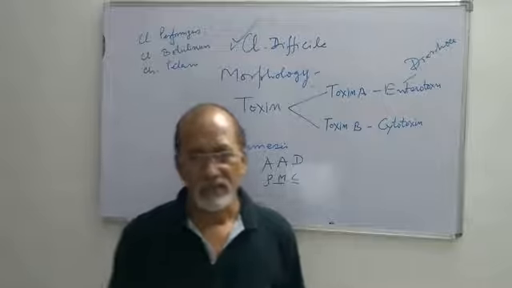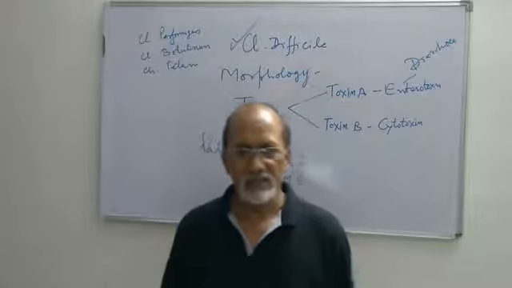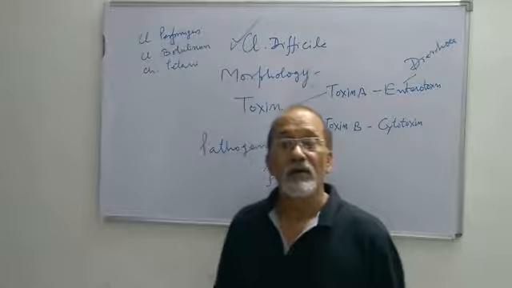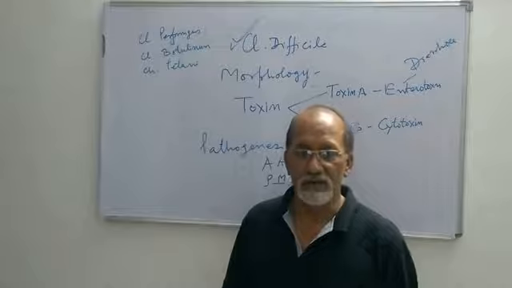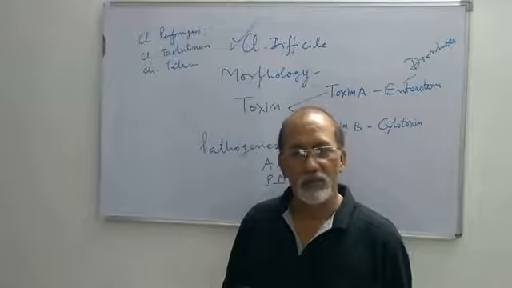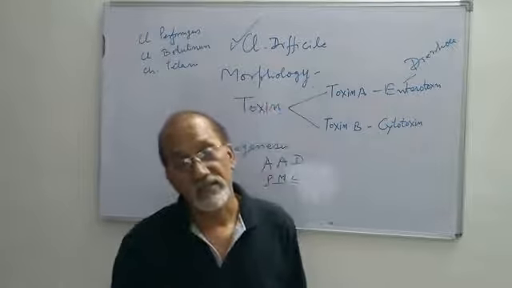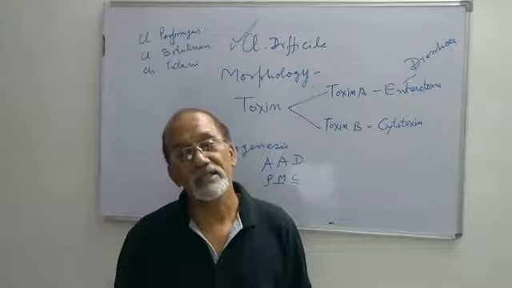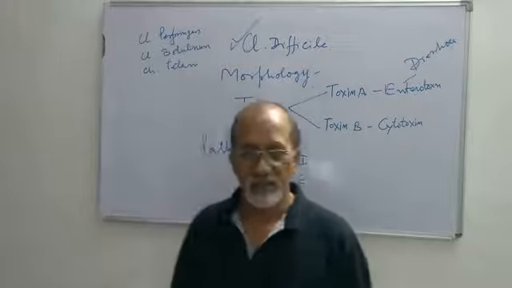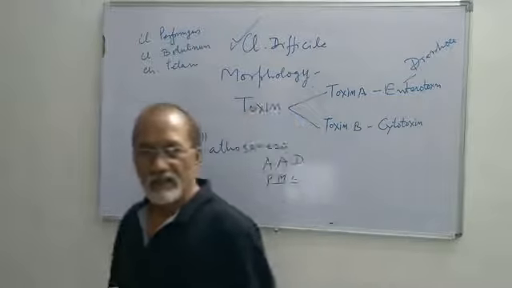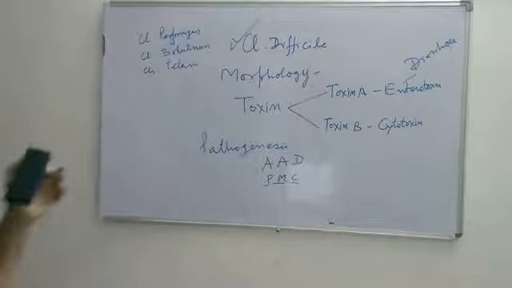And this disease occurs if the organism proliferates in the colon and produces its toxins there. This is the pathogenesis of this Clostridium difficile.